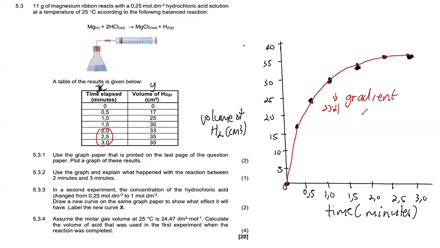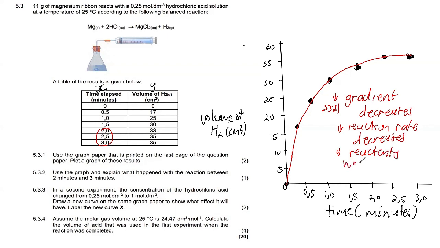So that gradient decreases there, right? Remember, smooth curve means the gradient decreases. Then if the gradient decreases, that means the reaction rate decreases. And then why is it so? It could only mean that the reactants were now used up. So reactants were starting to get used up there, which was slowing the rate of reaction, right?